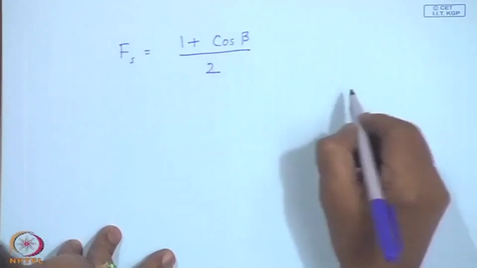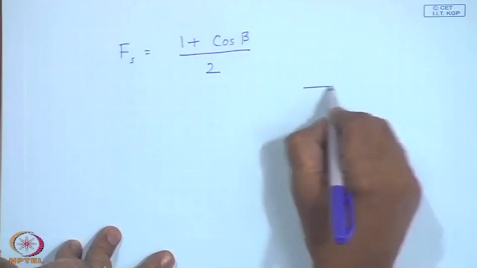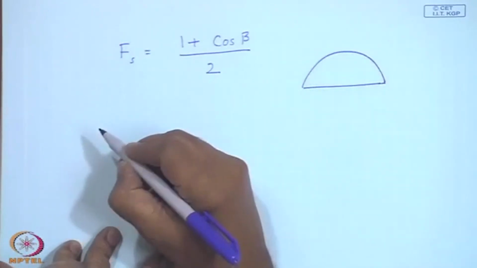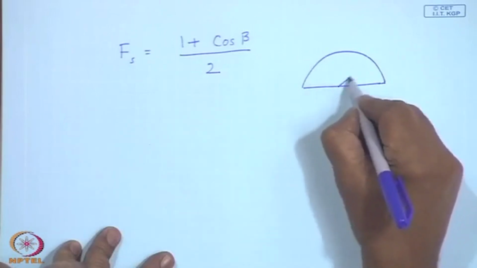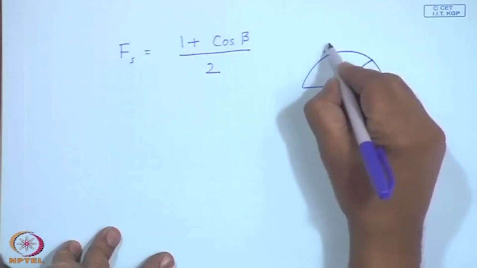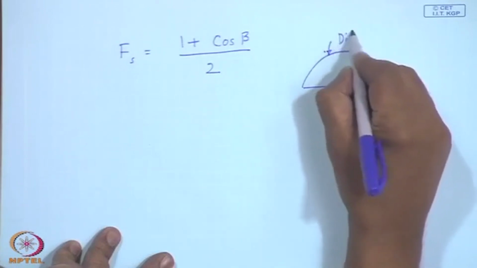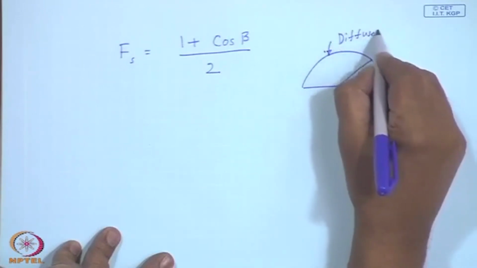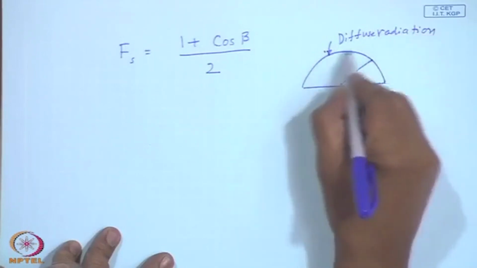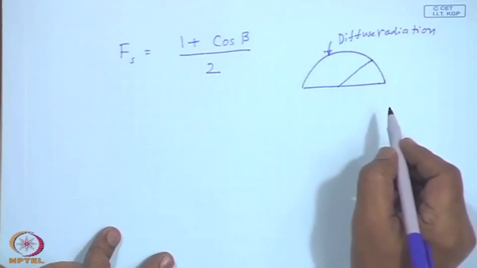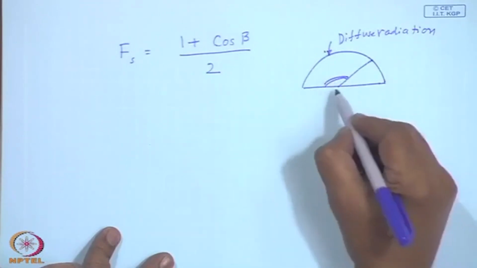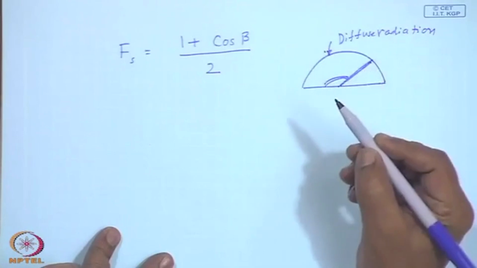Now, if you imagine a hemisphere, here is a collector, all the diffuse radiation over the hemisphere is your GD. So, this portion will be received by the solar collector.